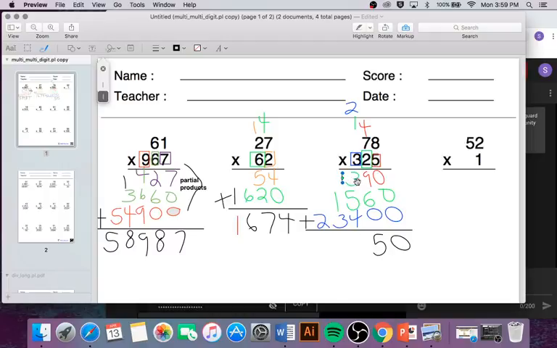So we have 3 plus 1 is 4, plus 5 is 9, plus 4 is 13. So we put down the 3, we carry the 1. 1 plus 1 is 2, plus 3 is 5.